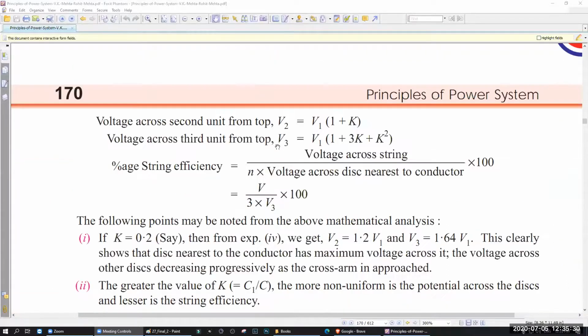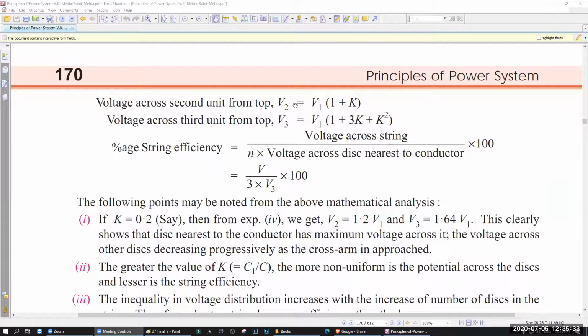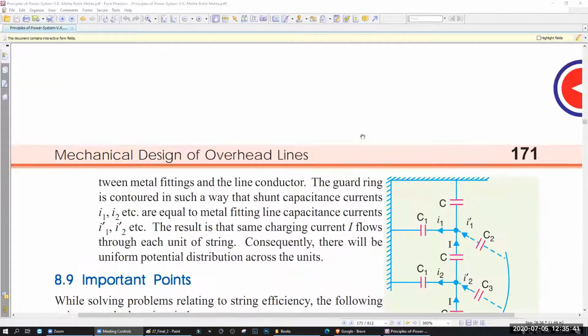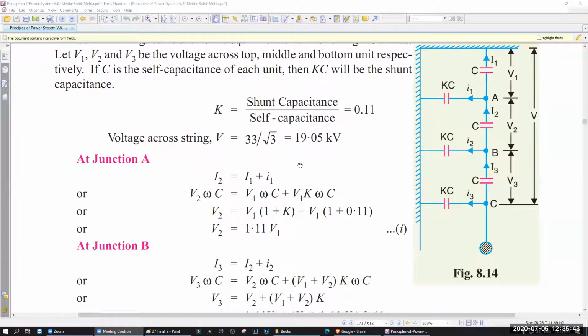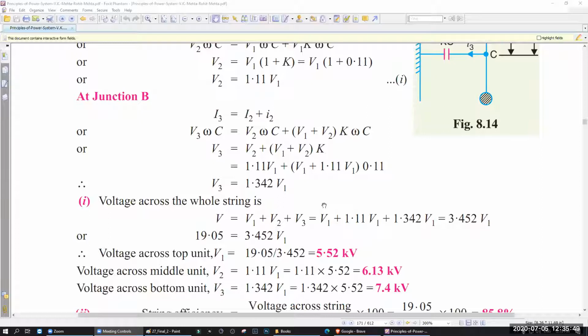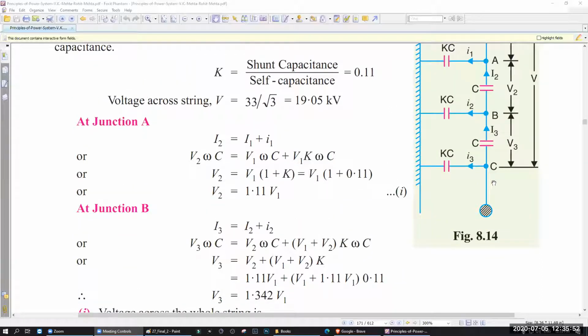Here V1 is V1, V2 is equal to (1 plus K) V1, V3 is equal to (1 plus 3K plus K square) V1. You can memorize the formula. I do not suggest you to memorize, but you can. If you do not like to do it every time, you can put the formula there. But the problem will be when you have 4 insulators, that time you have to apply the KCL again.